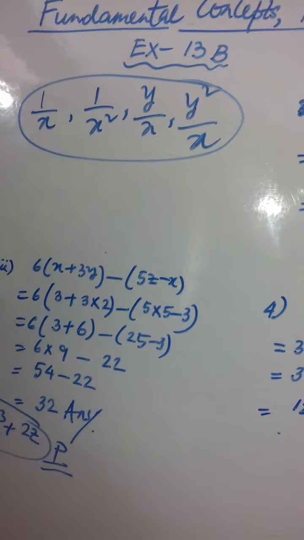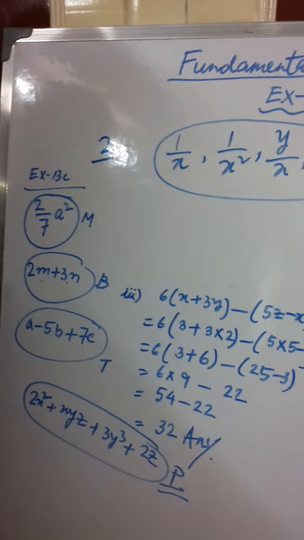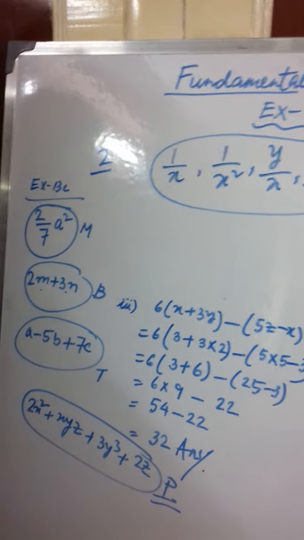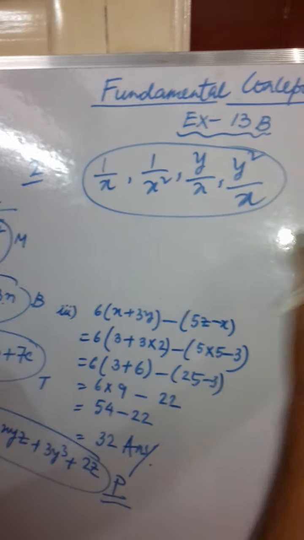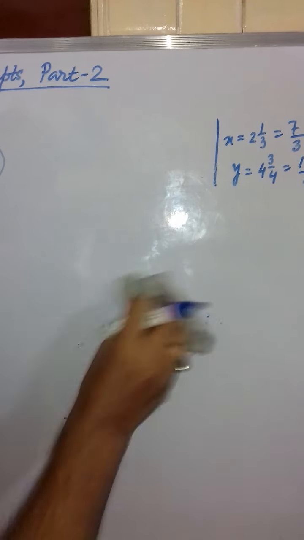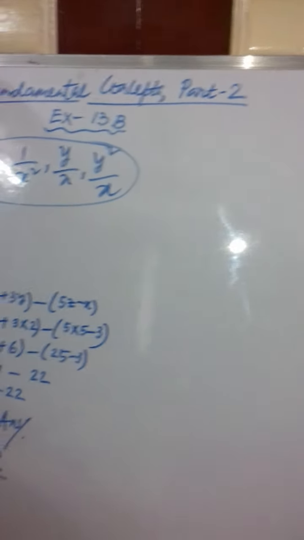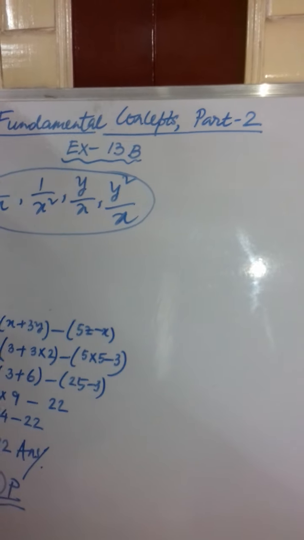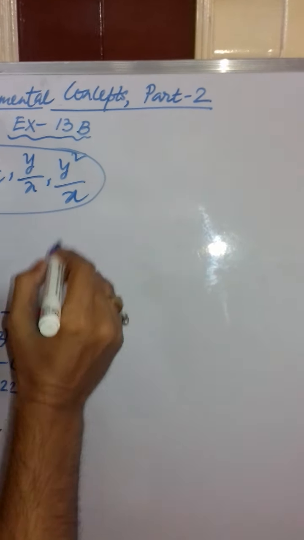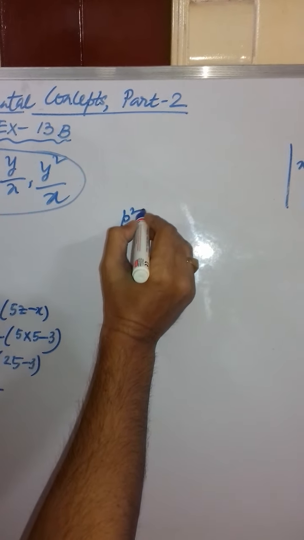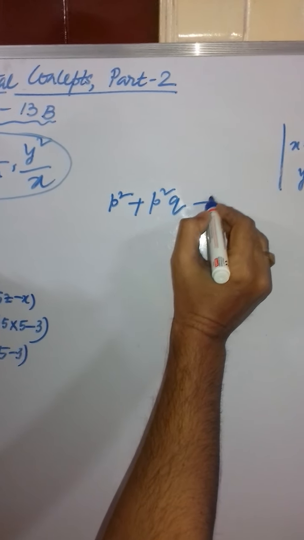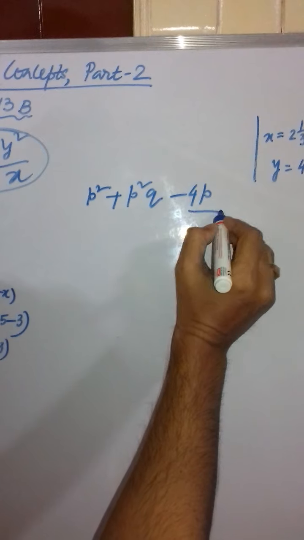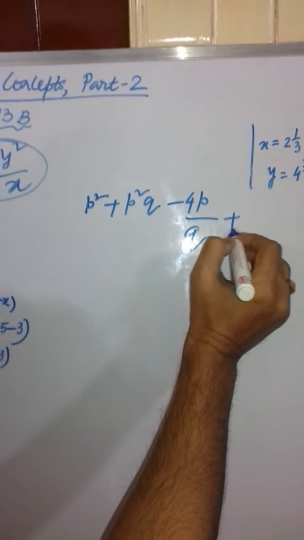I am giving you one example here. Consider this one, say p square plus p square q minus 4p by q plus 8.